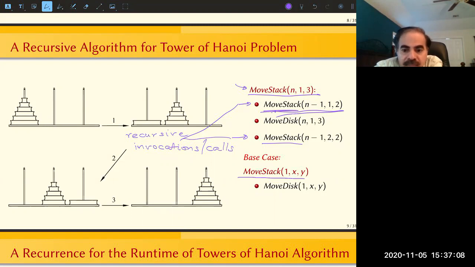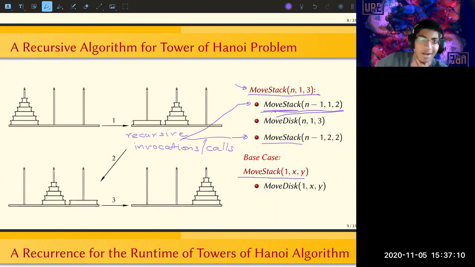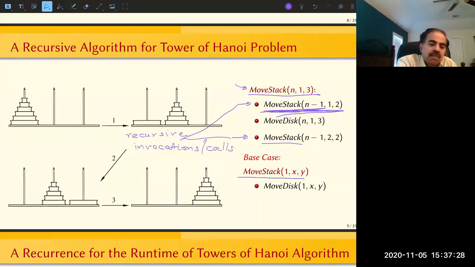Any questions? Yeah, go on. So when you do step one, how do you move all of the pieces except the last one to the second one? So this is an invocation of the same algorithm, right?